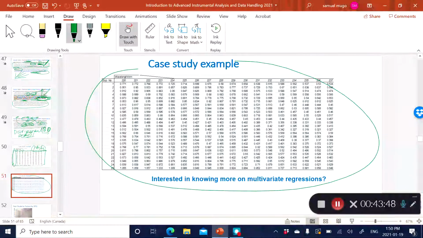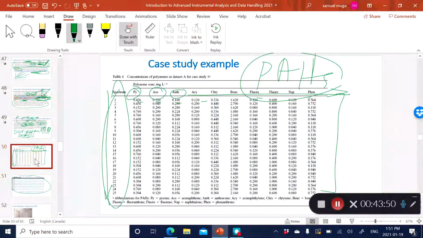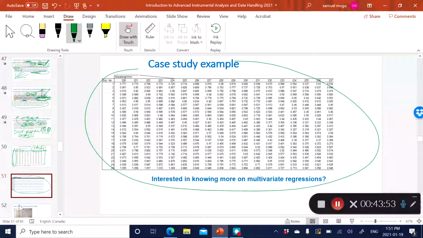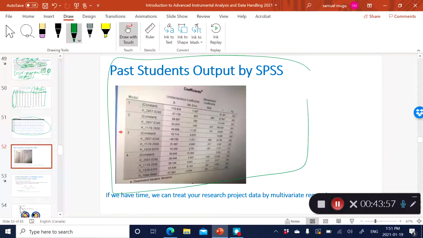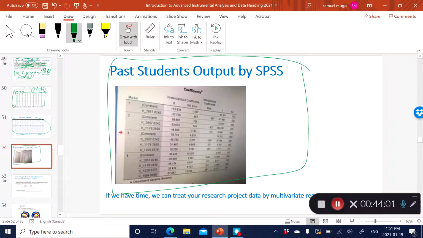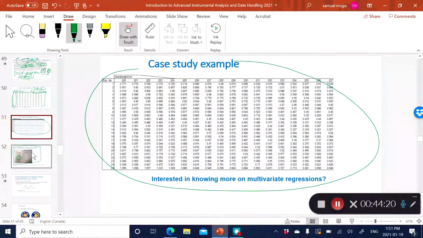And so based on that, I know the concentration, I know the signals, I can use something like SPSS to build a model that tells me which are the best wavelengths that best predict each of those types of PAHs, and so I can build 10 models for all these different types of PAHs.